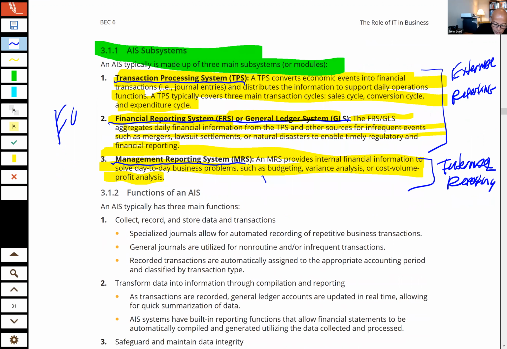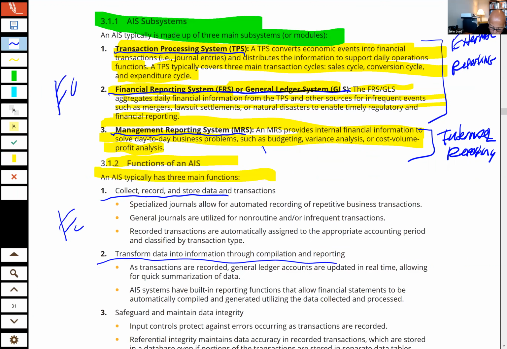Let's take a look at functions of the accounting information system. Again, we have three main purposes, so let's flashcard those three at a high level, 1, 2, 3. But let's just take a look at what these are all about.